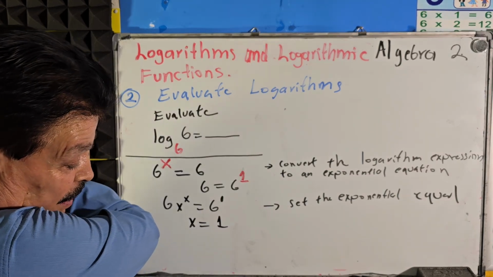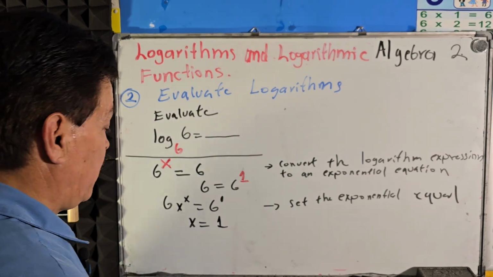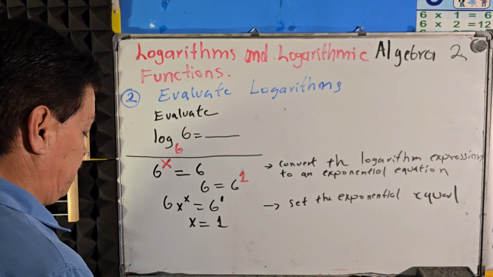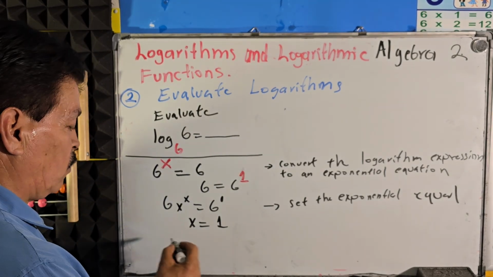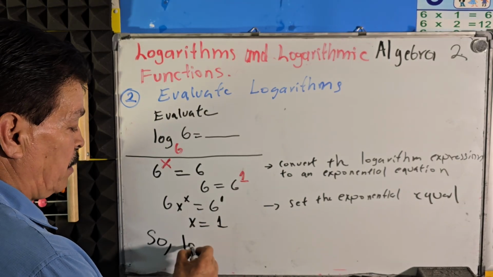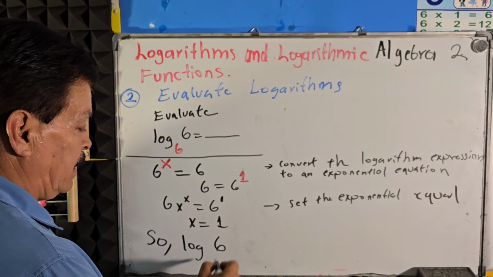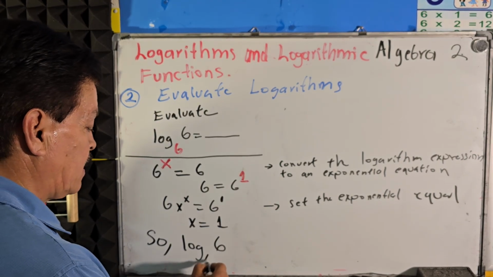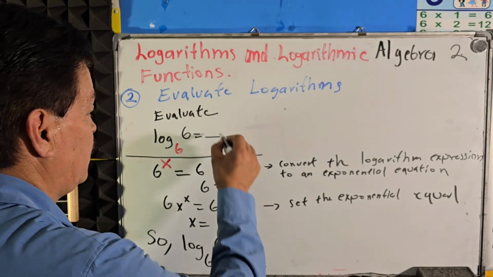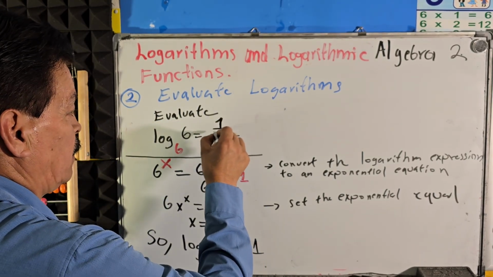You cancel everything, so x will be equal to 1. So our conclusion: the logarithm of 6 with the base 6 is equal to 1.